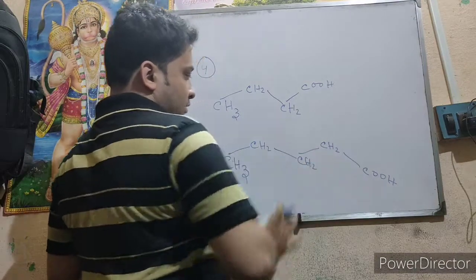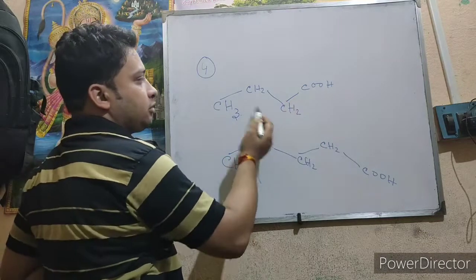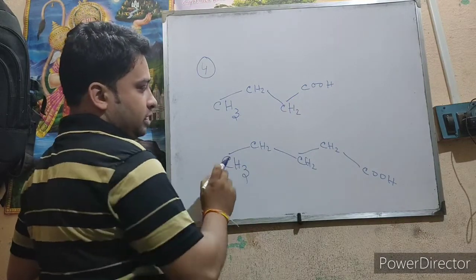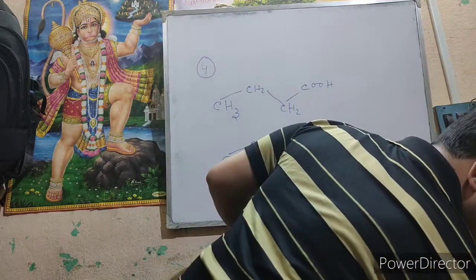You have this compound and this one also. Here the number of carbon equals 4, and here the number of carbon equals 1, 2, 3, 4, 5. Here the number of carbon equals 5.